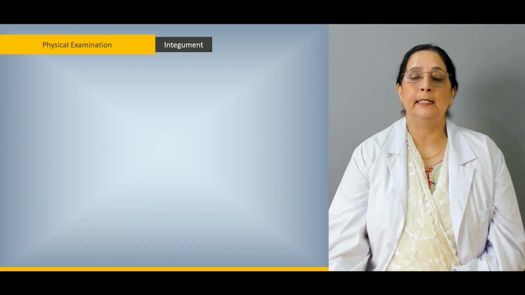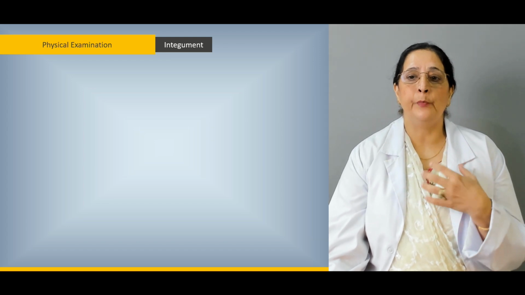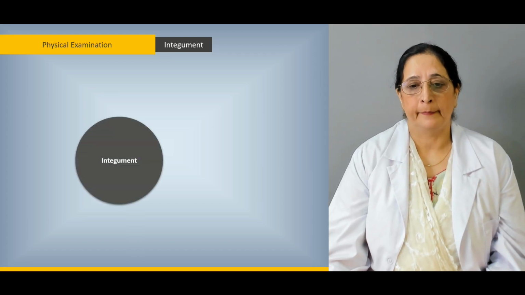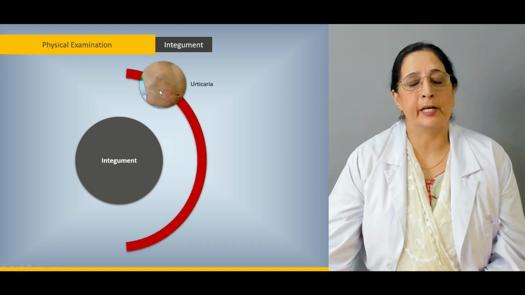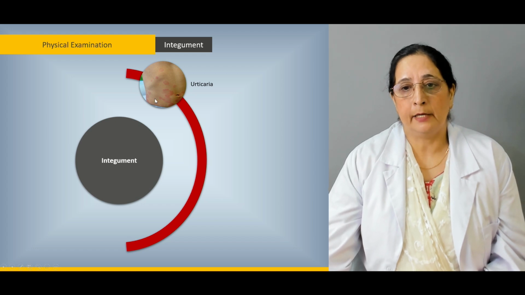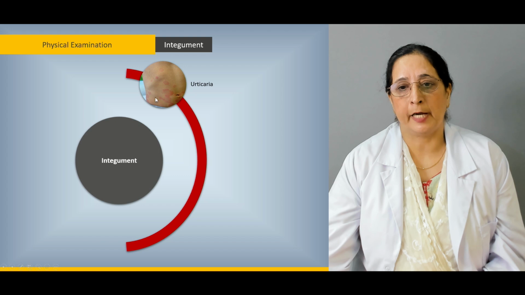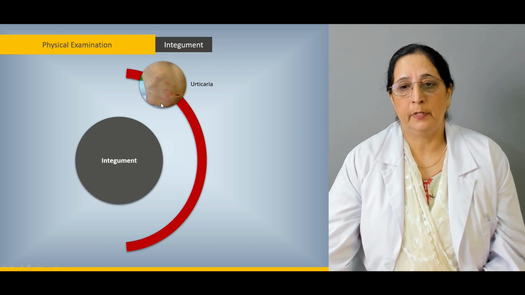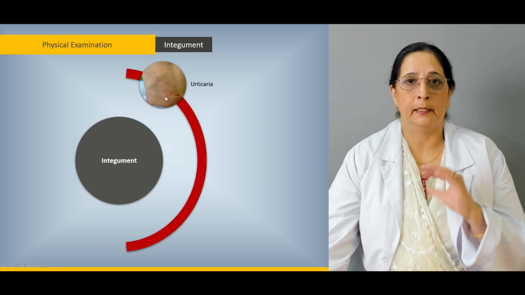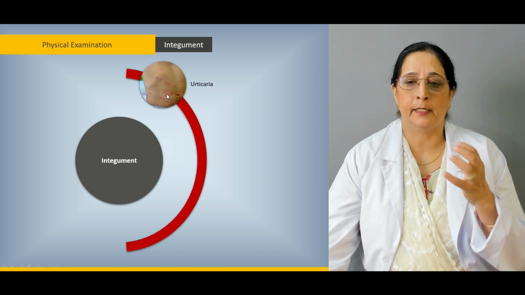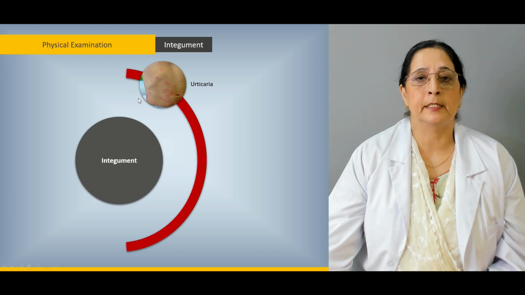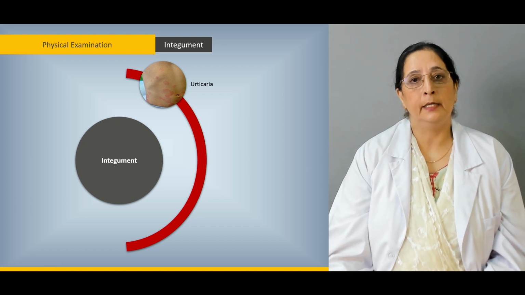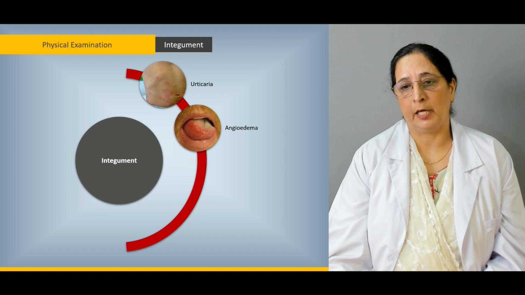Next, what are some physical findings in the integument or the skin? We have urticaria. That's the urticaria, very characteristic of anaphylaxis. This type of rash, that's the urticaria. You can see it's less pigmented or less red in the center and dark on the side, and this urticaria is characteristic of allergy.